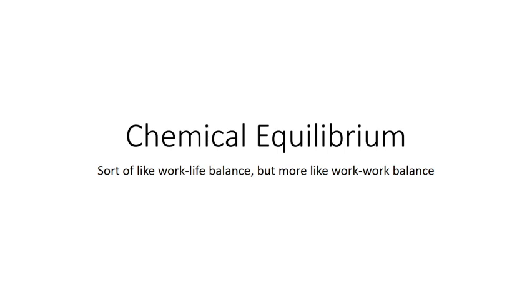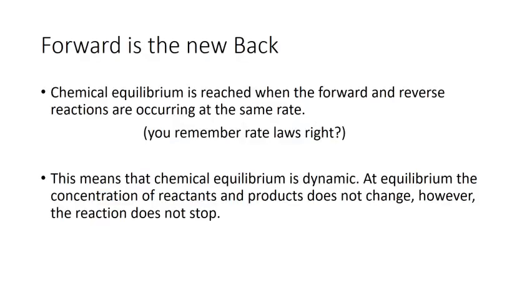Okay, so here we're going to start our journey into chemical equilibrium. The first thing that we need to say about equilibrium is that chemical equilibrium is the condition where the forward and reverse reactions are occurring at the same rate.